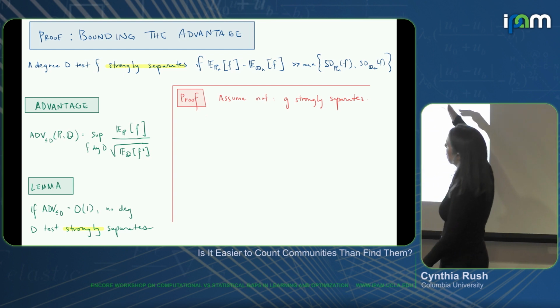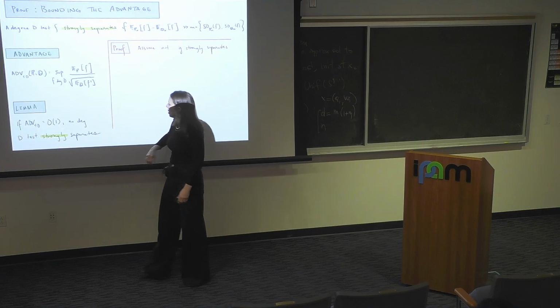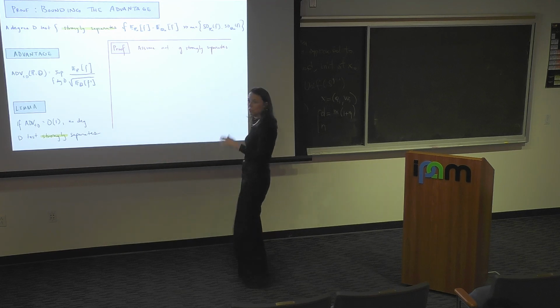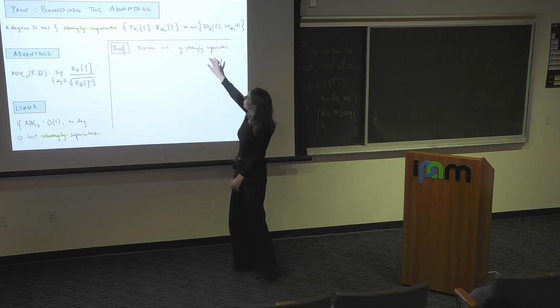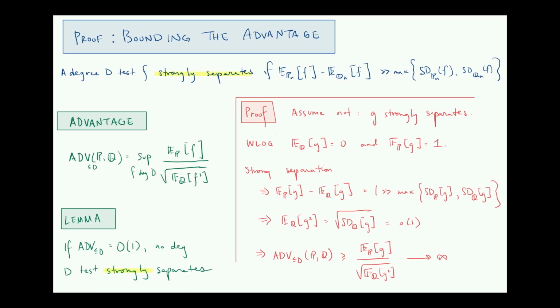The proof says, I want to prove that if this is a big O of 1 quantity, then no degree D test strongly separates. So I'm going to do a proof by contradiction and assume not. Assume that I do have a G that strongly separates, and I'm going to show that there's no way that this advantage can be big O of 1. That's the proof style.